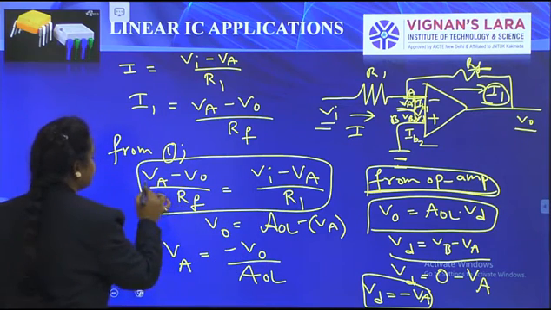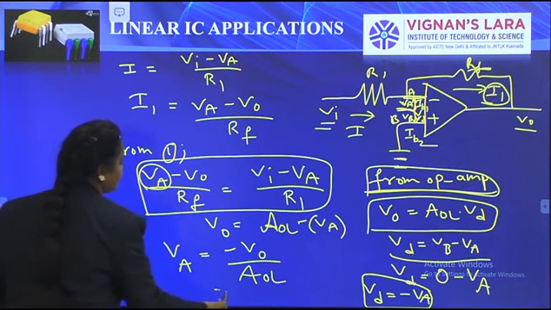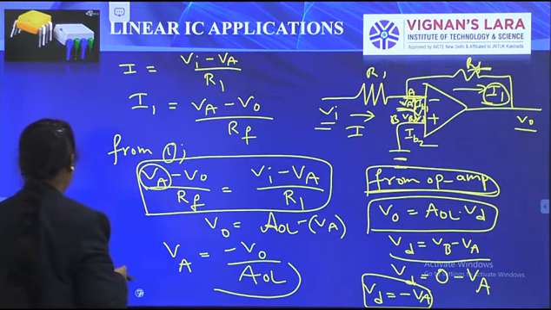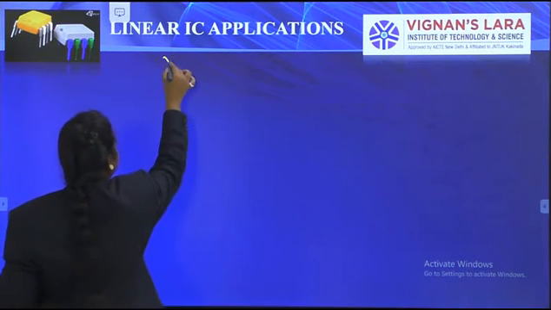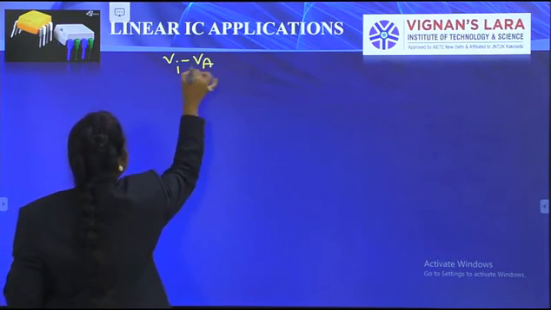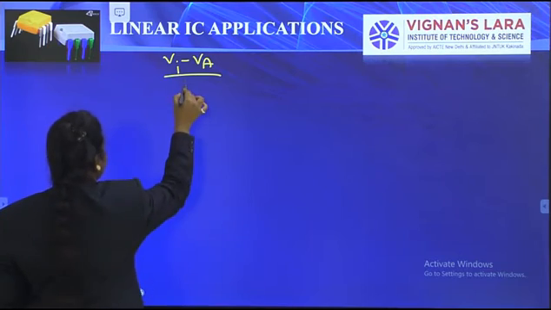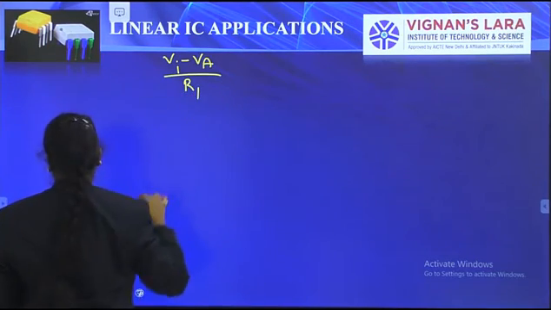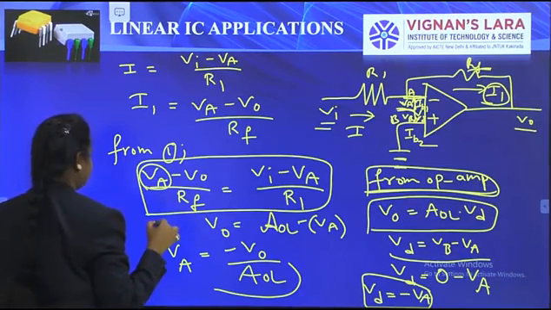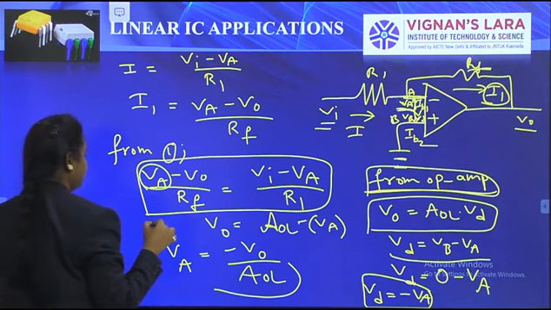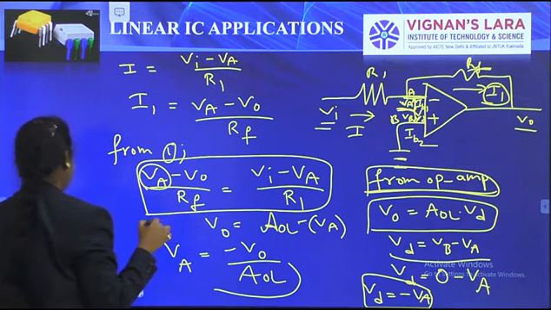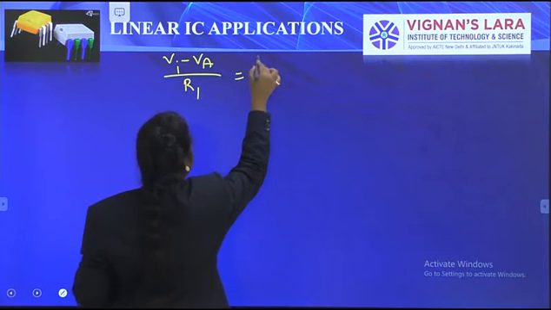We can substitute VA as minus V0 by AOL into the equation: (Vi minus VA) by R1 is equal to (VA minus V0) by RF.